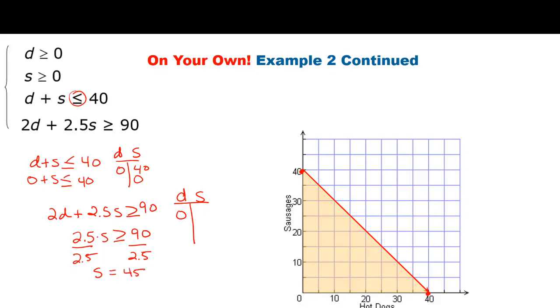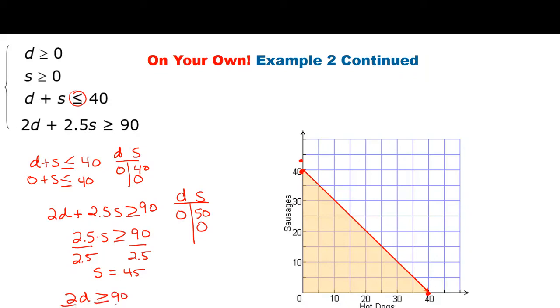So when we sell 0 hot dogs, we have to sell 45 sausages. And when we sell 0 sausages, that leaves us with 2D is greater than or equal to 90.